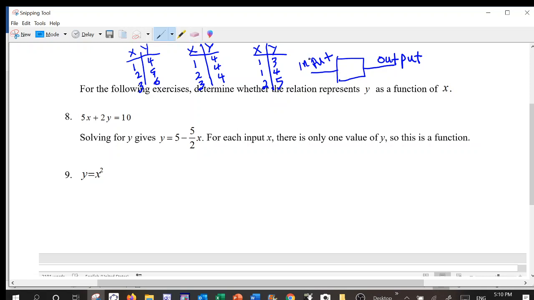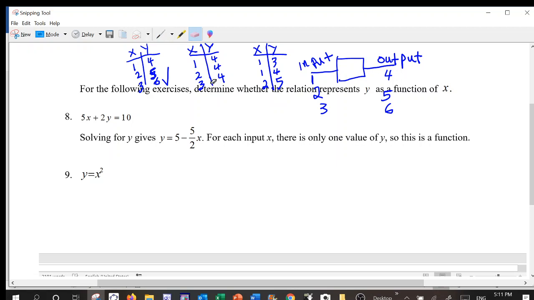If I come to work and I want to input 1 here, I know that the output is going to be 4. If the input is 2, I know the output is going to be 5. And if the input is 3, then the output is 6. So that works. The first one is good. I can use it in applications when we have input and output.